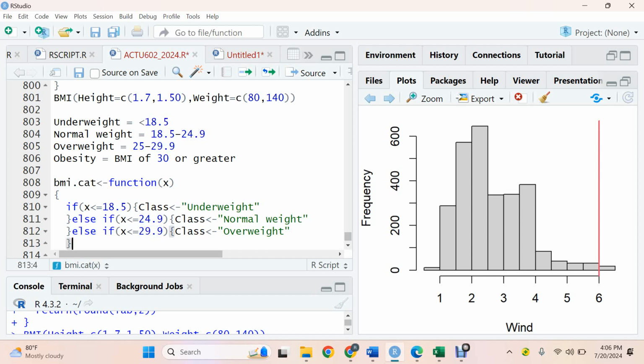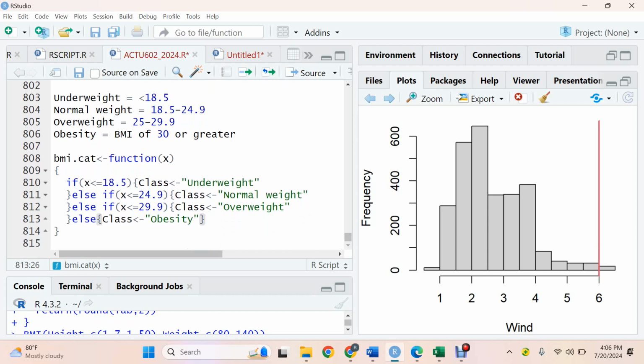And then otherwise, the other one will be else. Else, we should say you are obese. Okay, so obesity. Okay, so this is a function.